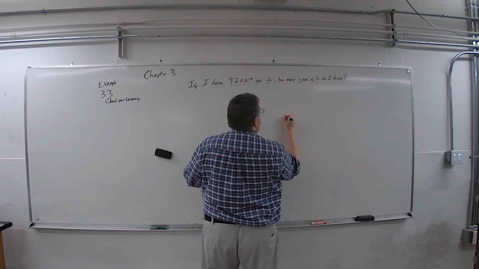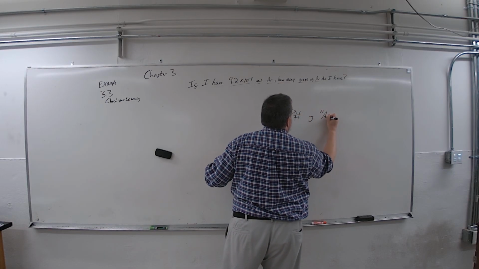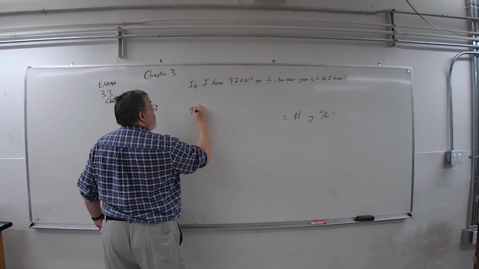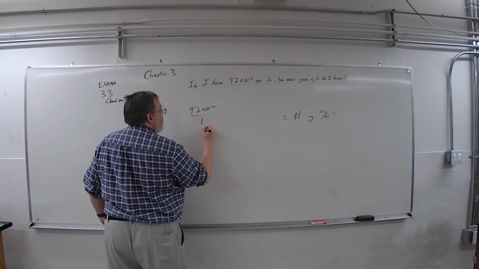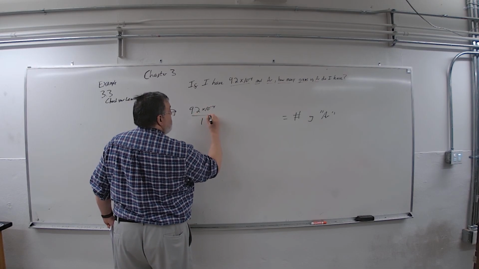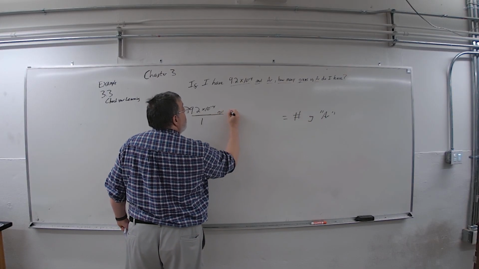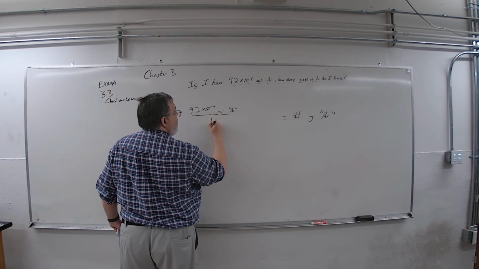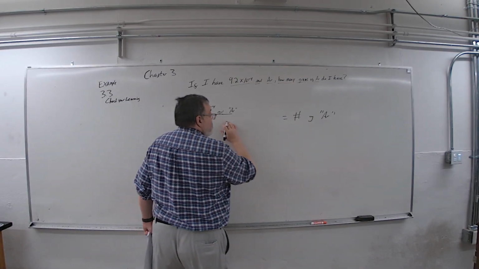I can go ahead and go grams of argon, because I know that's where I'm going. And I'm going to go over here and go 9.2 times 10 to the negative 4 over 1 of unit, label. Okay, I'm in moles. I'm trying to get to grams.